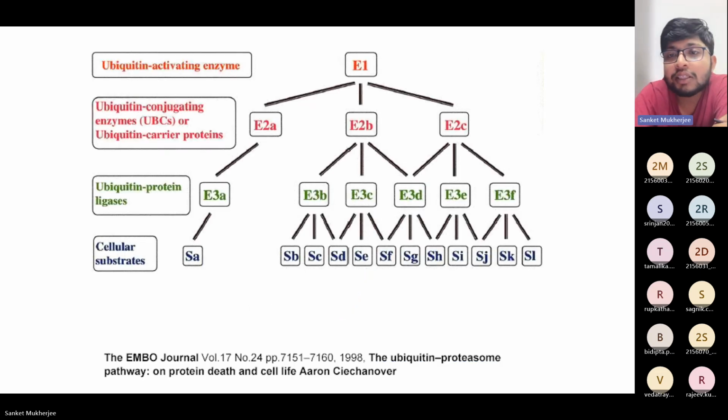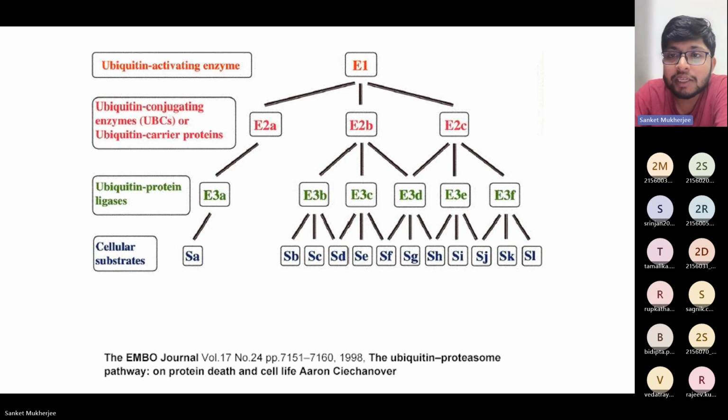So in this ubiquitin system, we have the E1 ubiquitin activating enzyme, then the conjugating enzyme, and the protein ligases. The E1 acts first, then there is the conjugating enzyme, which carries this ubiquitin moiety, and then there are the ubiquitin protein ligases, which are specific to specific proteins.